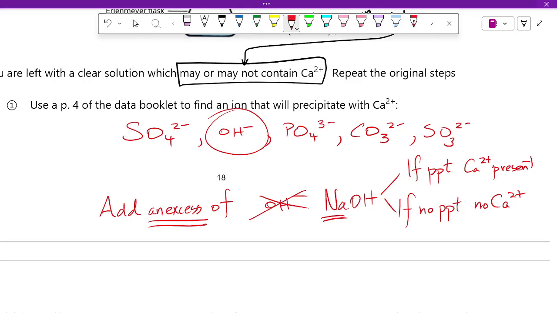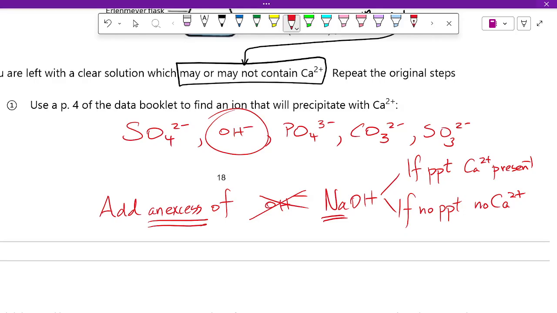What makes you think else? Like it's not Ca2+, but it reacted with the OH. Well, we don't have anything like that, because if we're giving you a solution like that, it's going to be like calcium nitrate and lead nitrate. So we're making sure that the ions in that don't mess around.